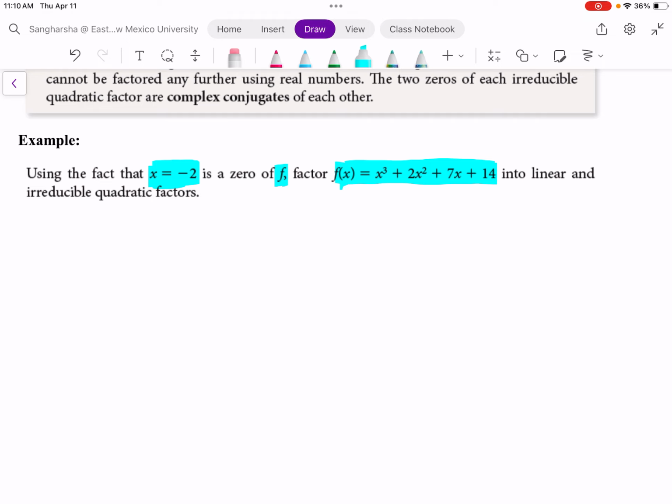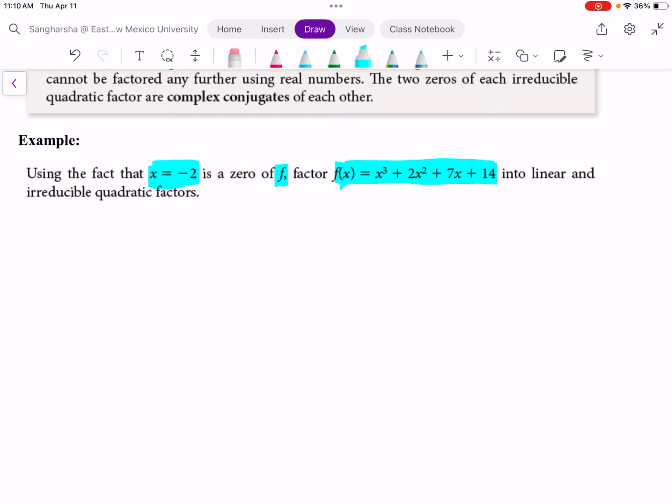Now what does it mean that negative 2 is a 0 for this function f? What kind of information can we get? x plus 2 is a factor for this function.